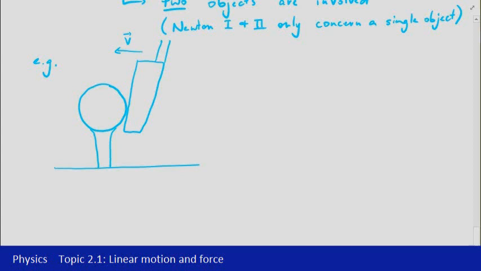In this scenario, the action force will be the force of the club onto the ball. So I'll call that one Fa, for action force. So in this case, the action force is the force of the club onto the ball.